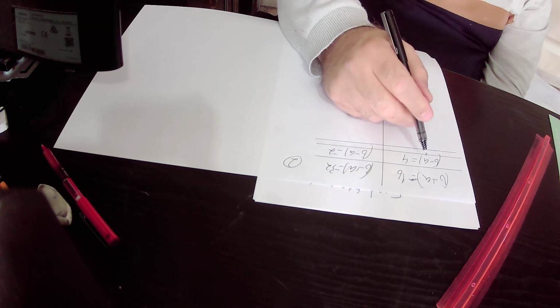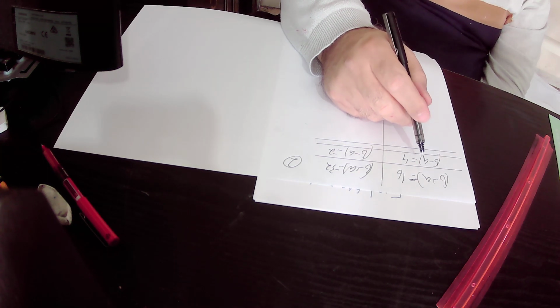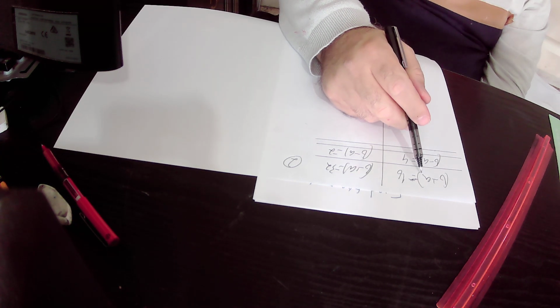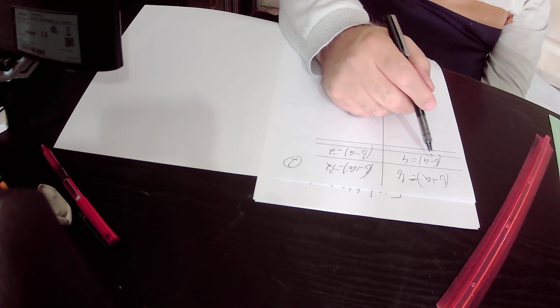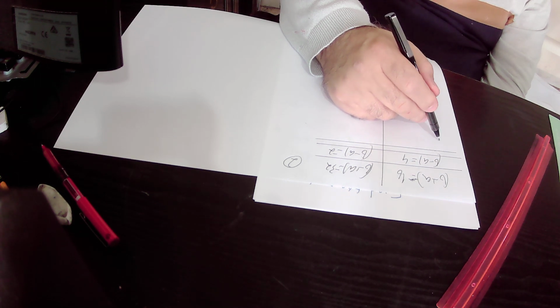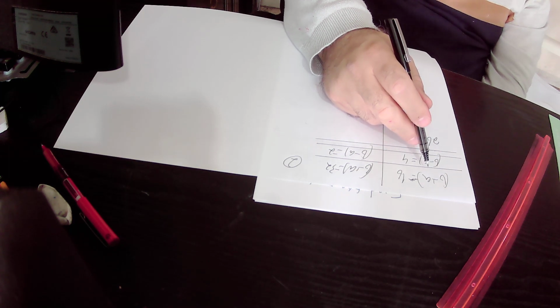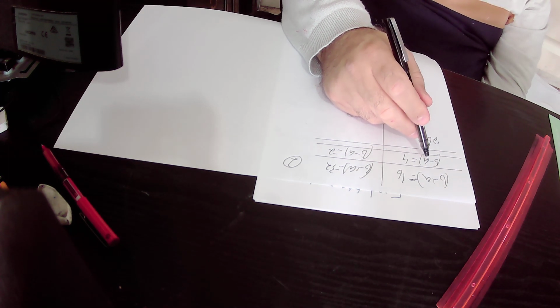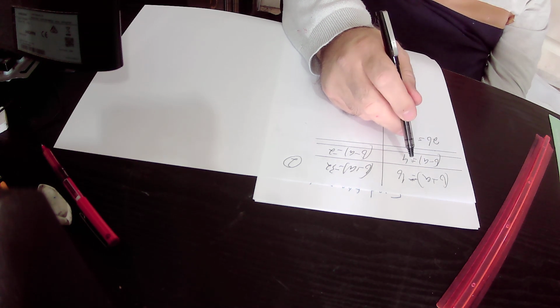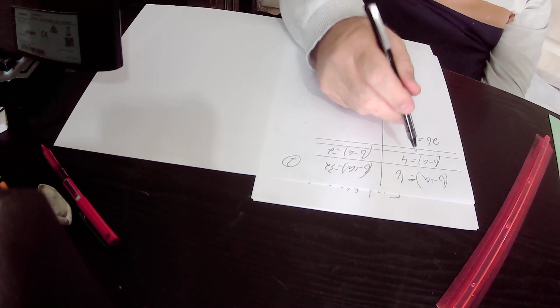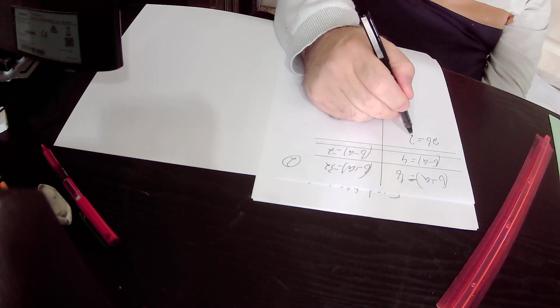Here we will focus on the first option, and we will add equation number 1 to equation number 2, and we get that b plus b is 2b, a plus minus a is a minus a, that is 0, and on the other side of the equation we have 16 plus 4, that is 20.